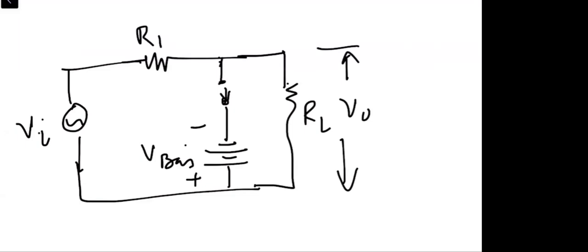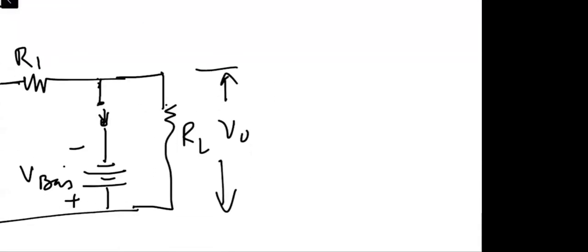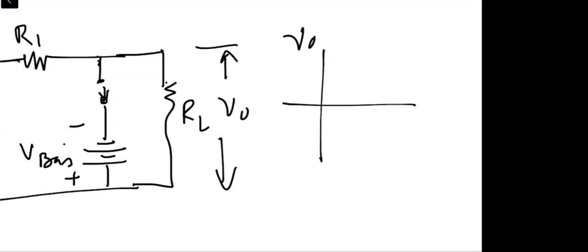So this means V bias is making the output over here. The output will be looking like V out, and this is minus V bias, right? So the output is already being held at minus V bias.